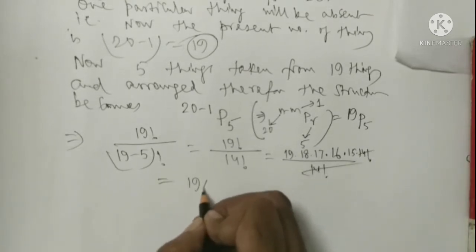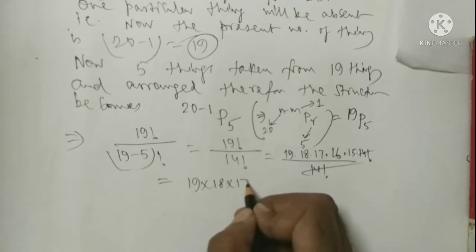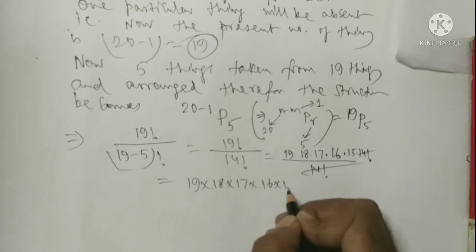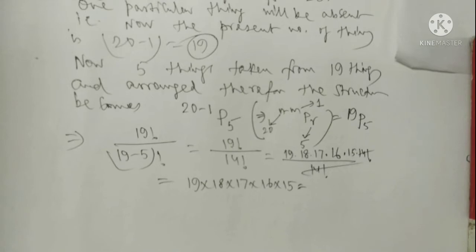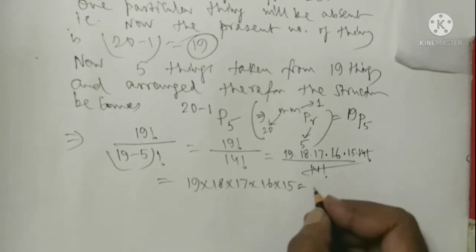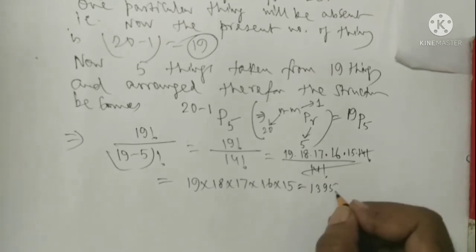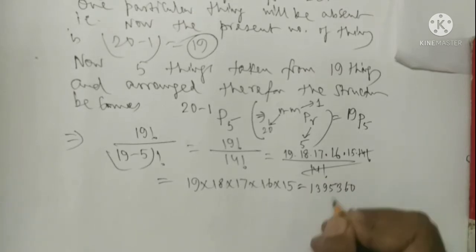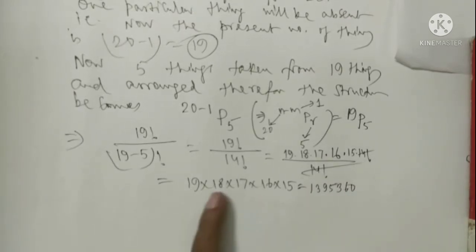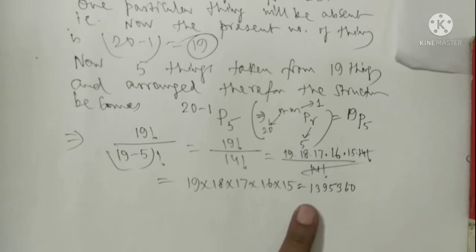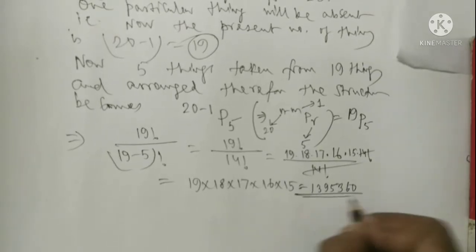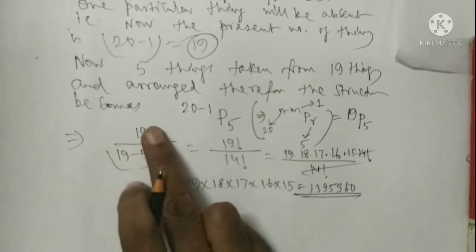This will be 19 into 18 into 17 into 16 into 15, and the product is 1395360. Now the restriction 1 type is complete here.